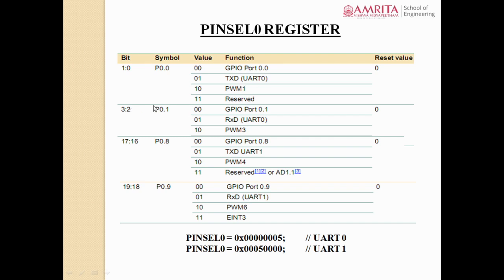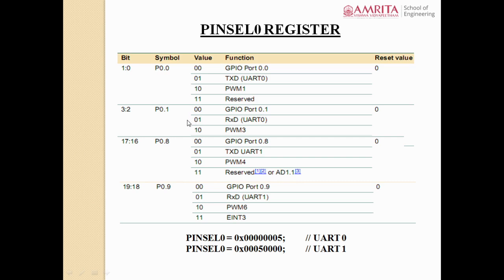Similarly, you need to configure P0.1 as RXD pin of UART 0. How will you do that? You need to write 0, 1, the same 0, 1, to bit number 3 and 2. If you write 0, 1 to bit number 1 and 0, you are configuring P0.0 as TX pin.